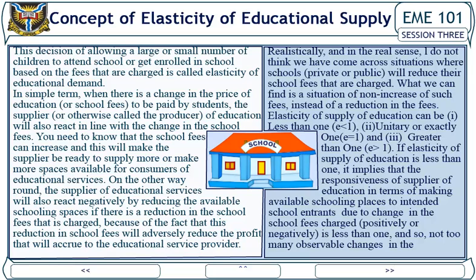On the other way round, the supplier of educational services will also react negatively by reducing the available schooling spaces if there is a reduction in school fees that is charged, because this reduction in school fees will adversely reduce the profits that will accrue to the educational service provider.